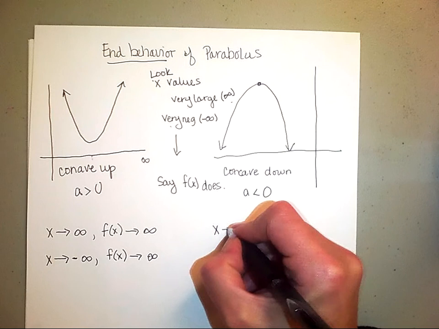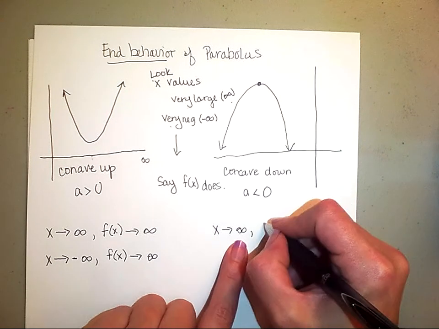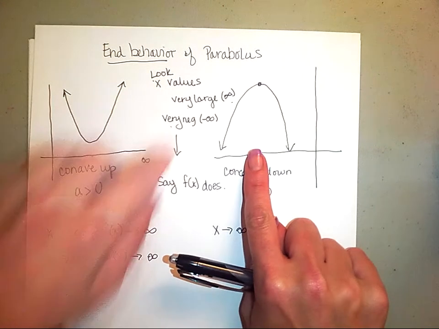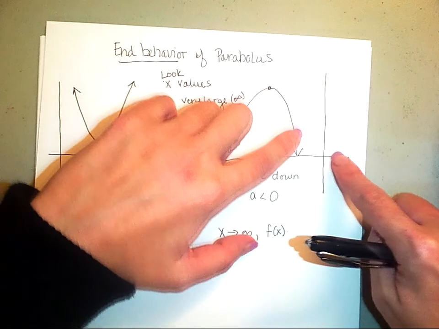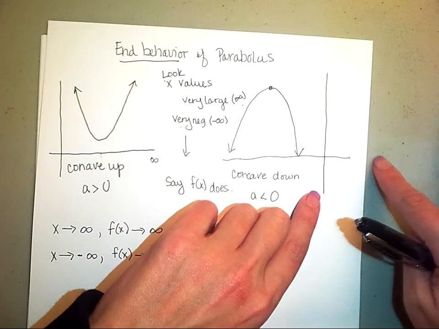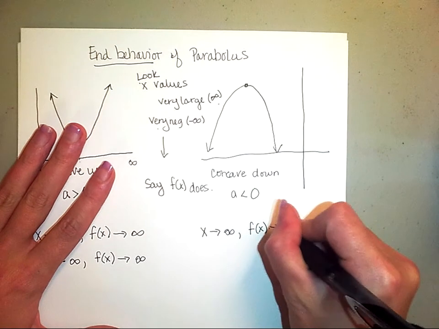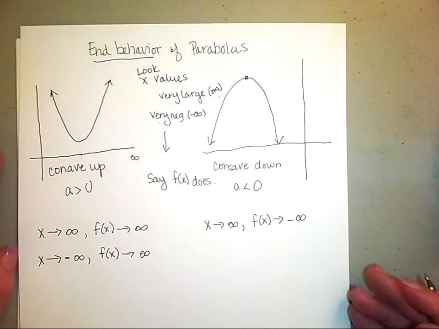Let's do the same for the concave down. I want to know what happens as x goes to infinity, as it's getting very, very large. What is our function doing? Here, as I go towards infinity in the x, the function is diving. That is, the function is taking off to negative infinity.